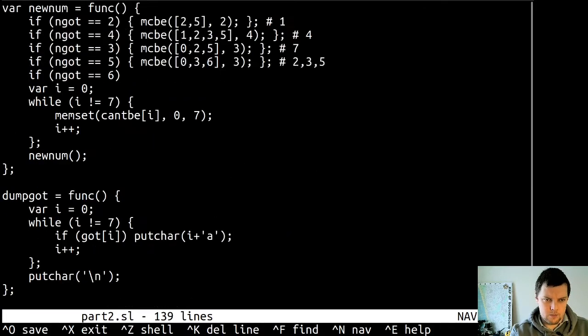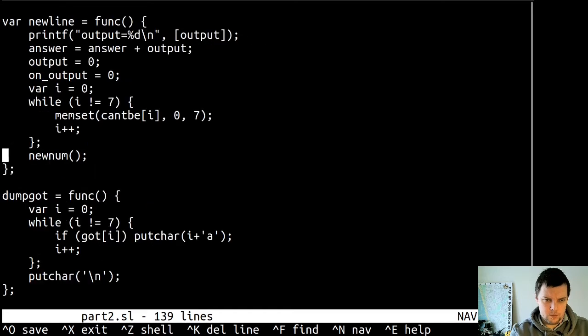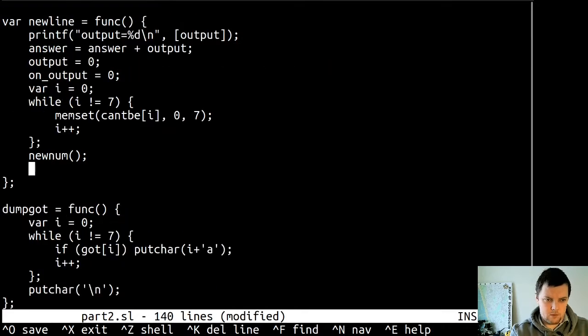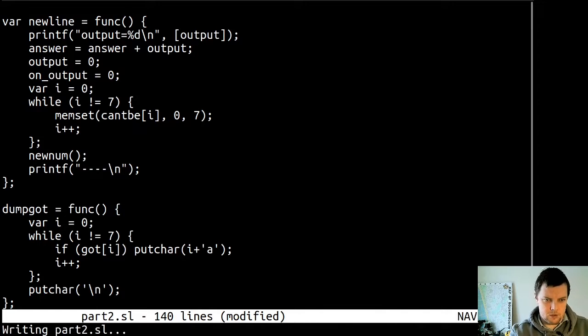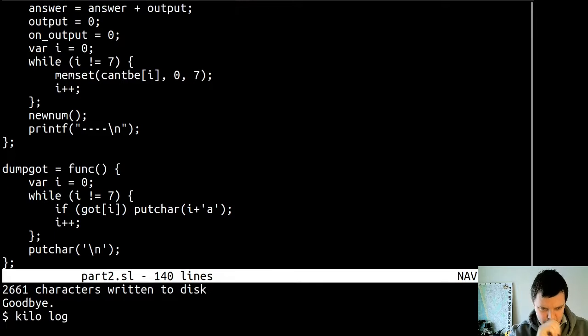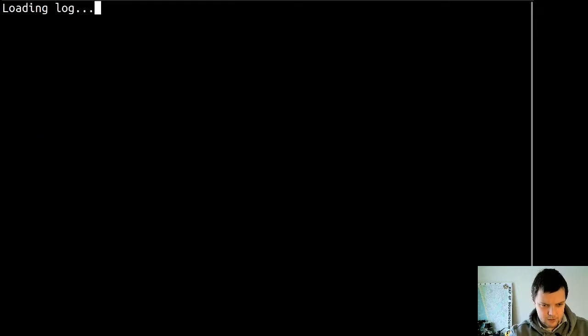New num. Okay, yeah, fine. And then we reset got to the start. So at the end of new line we should just print that because we reset there. So there was no contradiction there. Just remember I exited part 2 instead of making a subshell.